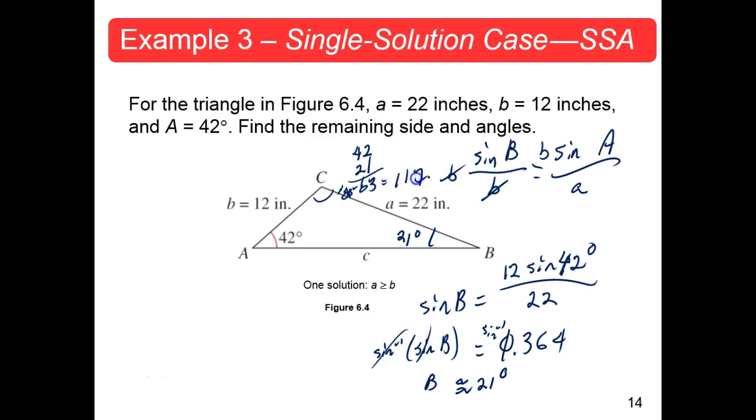Yeah, the three of those added together have to be 180. So I get that to be 117. 117 degrees. Okay? Now what?